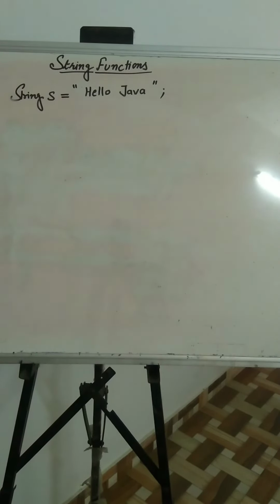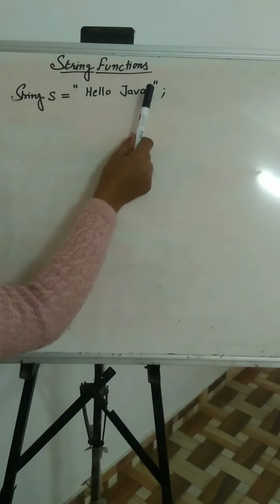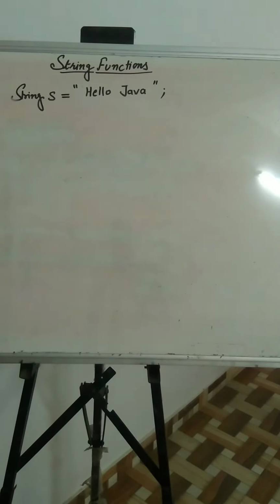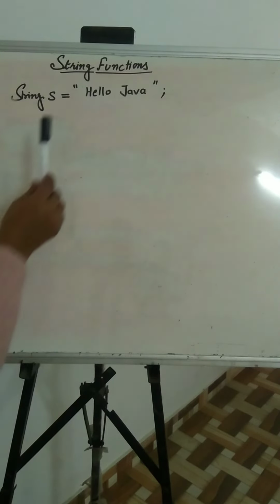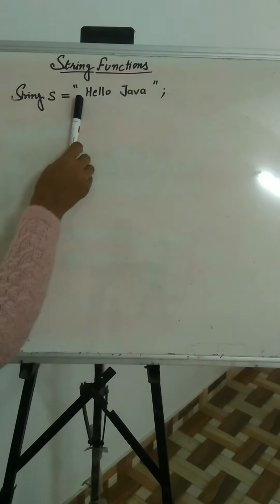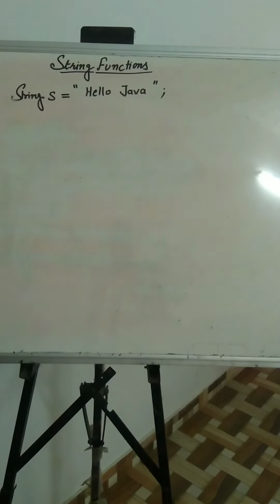The trim function is used to delete or cut the space before and after the string. So you can see here in this string, before the hello I am taking a space, and after the Java I am taking one space.